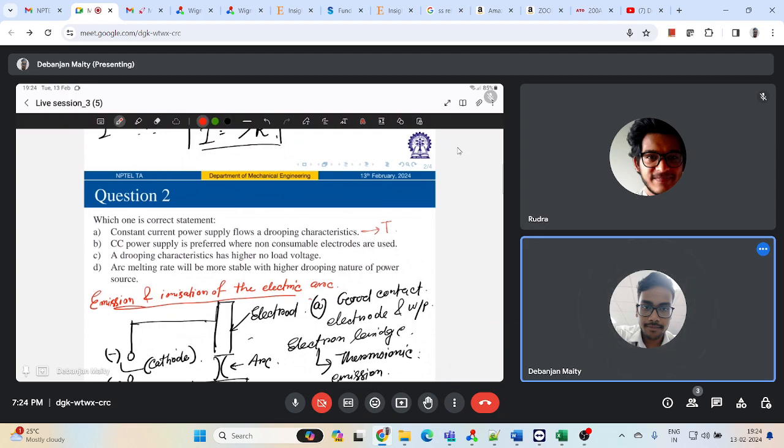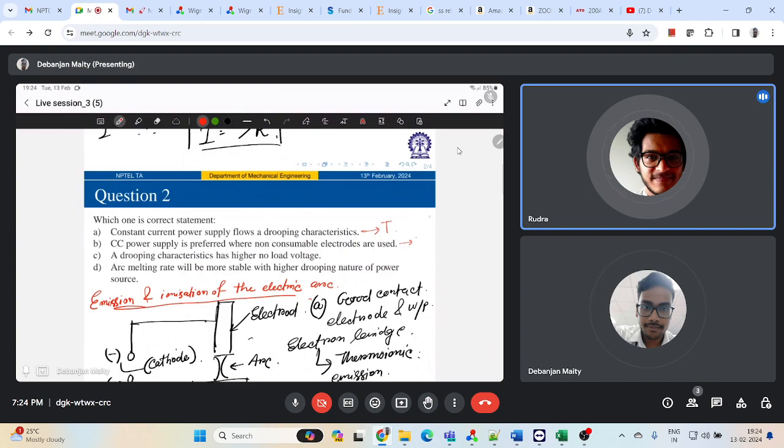Yes, in TIG we use constant current. So this is also true.